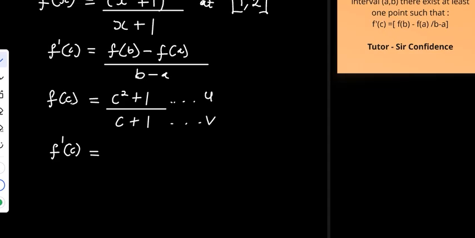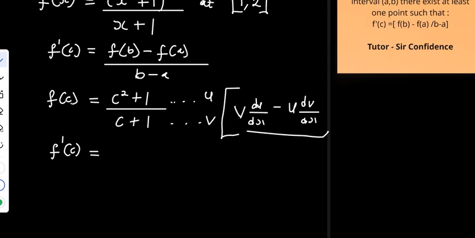The formula states that for a rational function we have v du dx minus u dv dx over v squared. That's the quotient rule, so let's implement this formula.